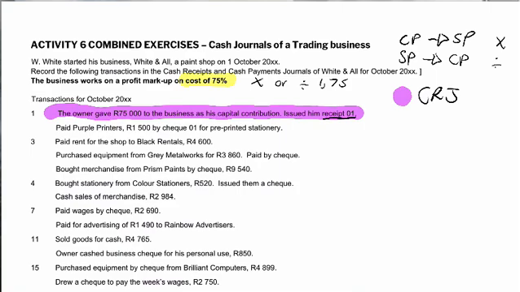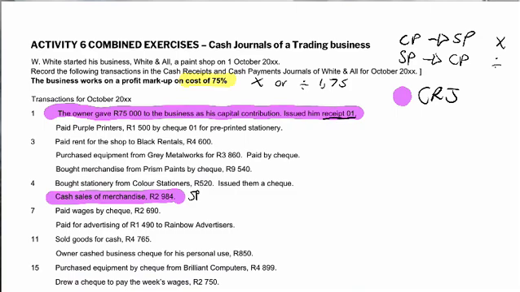CPJ, right? On the 4th, cash sales of merchandise, 2,984 Rand. CRJ. Okay. Have they given us a cost price or a selling price? A selling price. Okay, so let's make a little note there, SP.